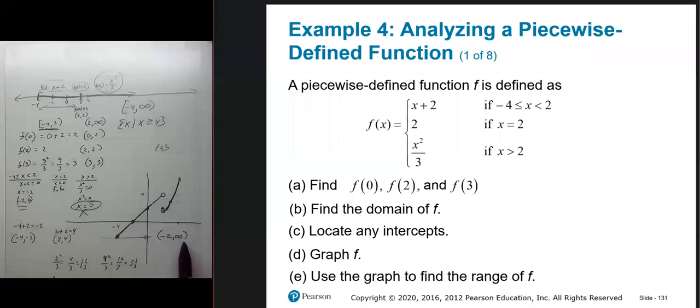So from -2 to infinity. Now, it can include -2. It does include -2, so I put a bracket at that end. Or we can use set builder notation since we're talking about the y values. It's going to be the set of all real numbers y such that y is greater than or equal to -2.